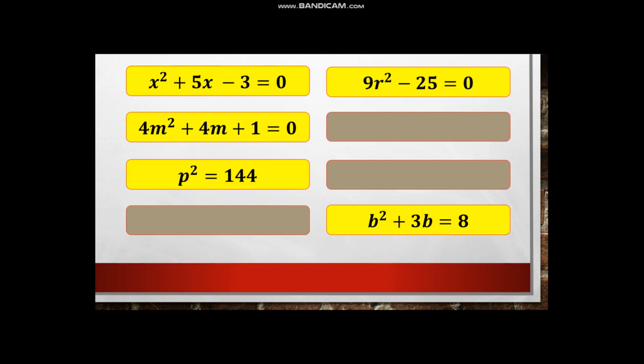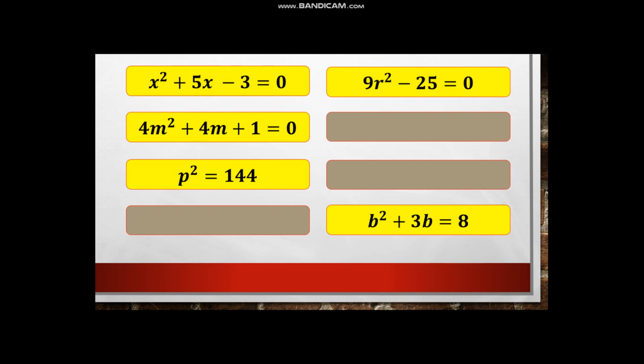Now, I guess you are already familiar with the difference of a quadratic equation from a linear equation. But I would like you to take a look at our given quadratic equations on the presentation. So we have x squared plus 5x minus 3 equals 0. 4m squared plus 4m plus 1 equals 0.